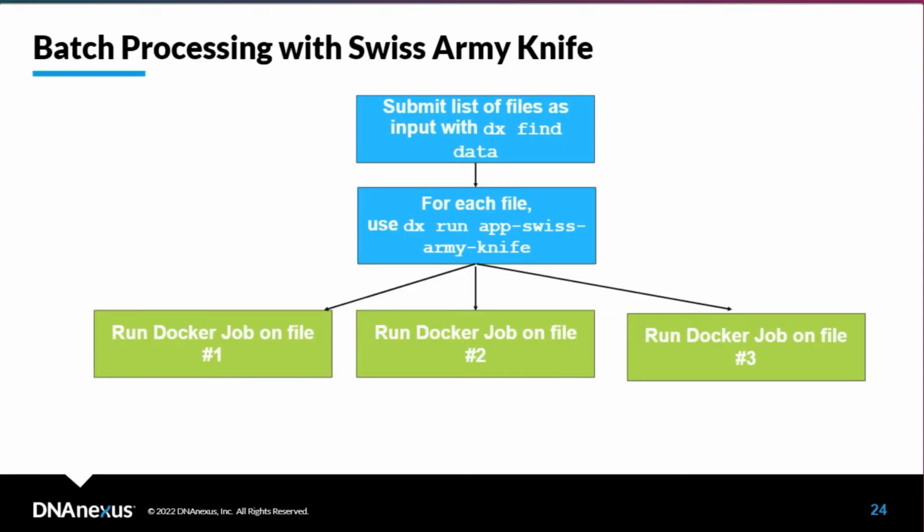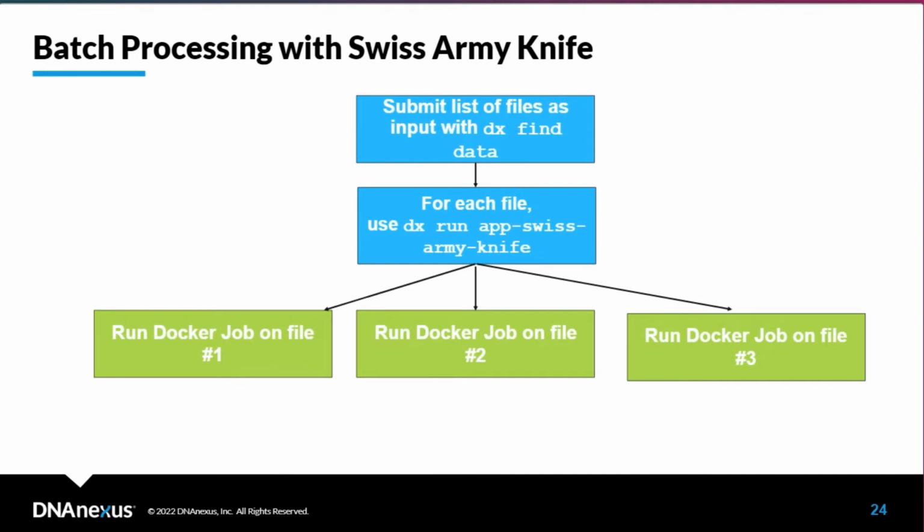So this is the workflow for doing batch processing with Swiss Army Knife. I'm giving you an incomplete recipe here, partly because I want you to experiment with this, and partly because of the structure of files in the bulk folder in UKB RAP. I'll show you some of the reasons why.